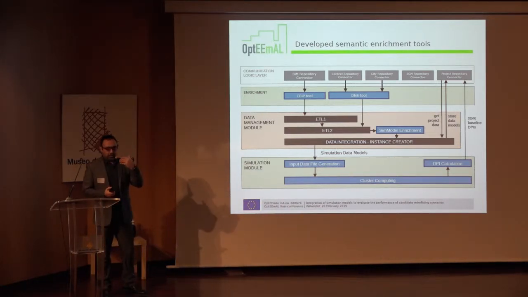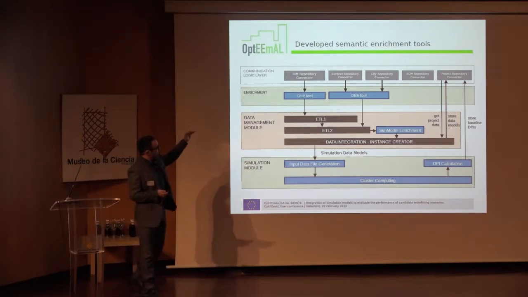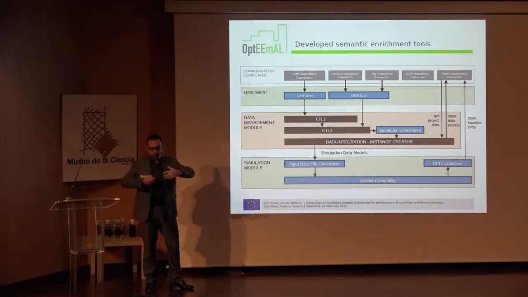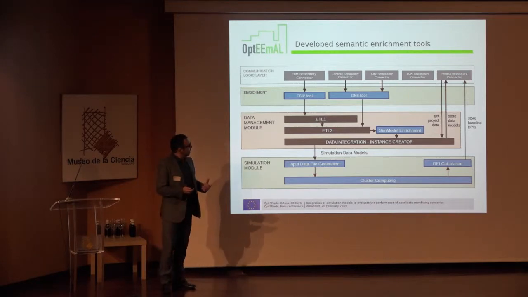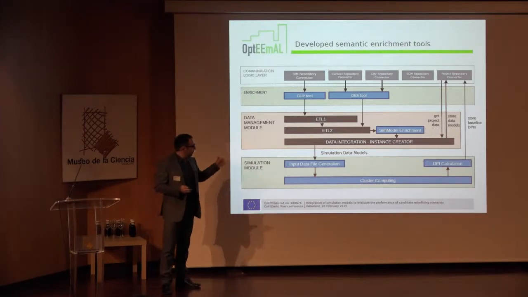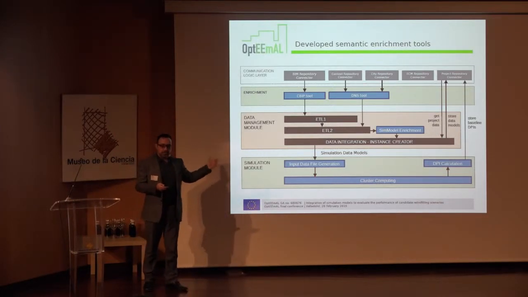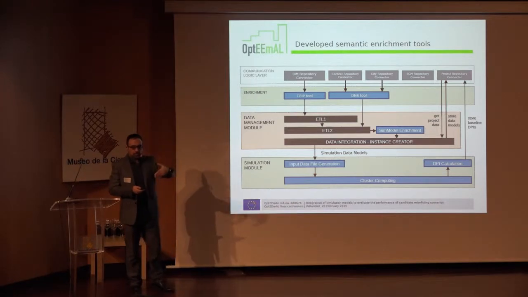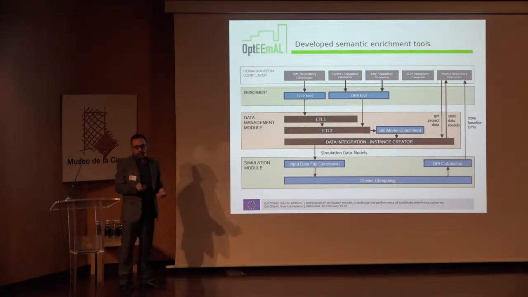For this reason, we have developed another series of tools that performs this transformation. These are the CBIP tool, the DNS tool, the C-model enrichment tool, and the IDF generation tool. So we'll walk you through the operations of these tools.